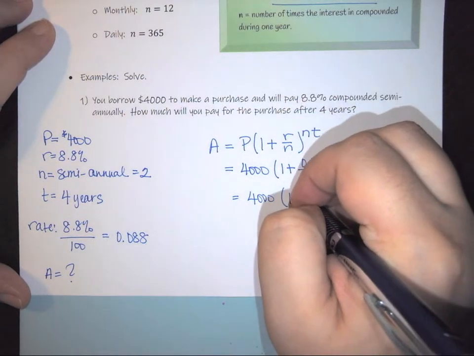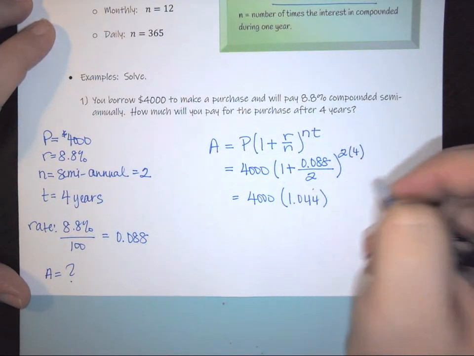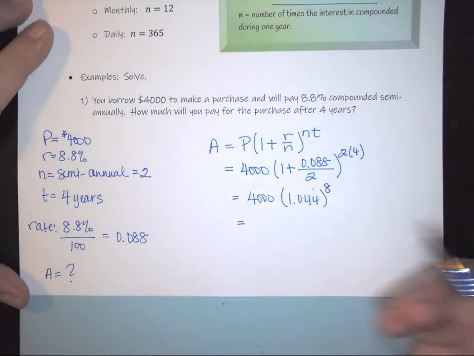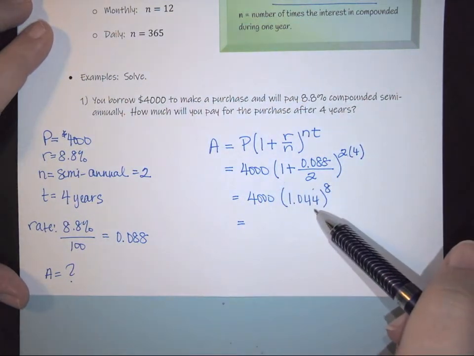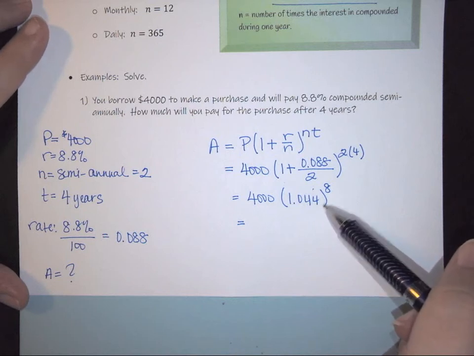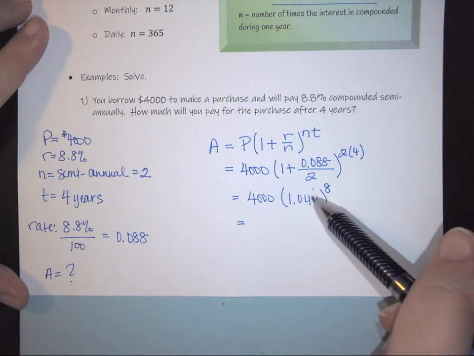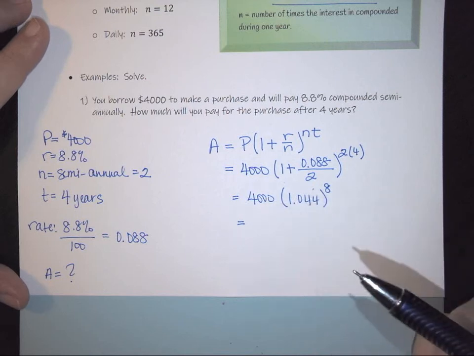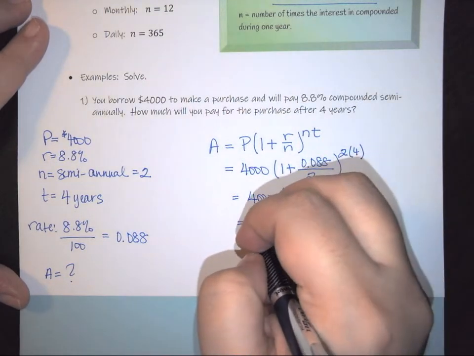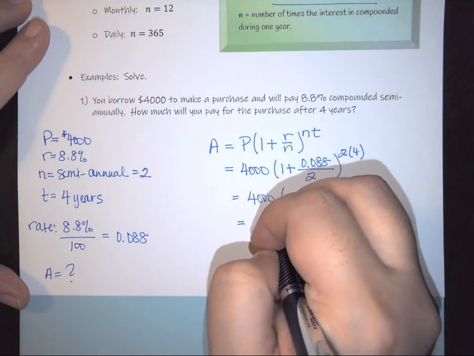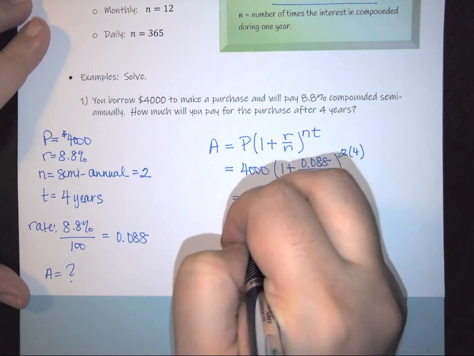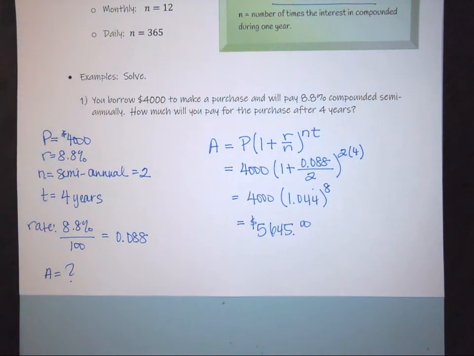So 1.044, and then 2 times 4 gives you 8. You would take this 1.044 and you would either raise it to the power of 8 or multiply it times itself 8 times and then multiply that by 4,000, and you end up getting $5,645 as your result.